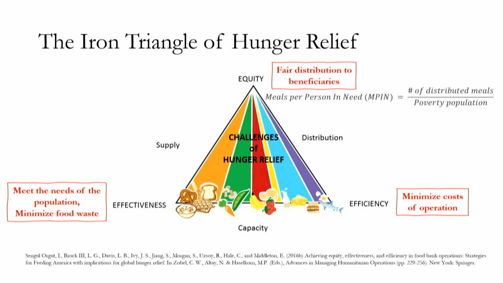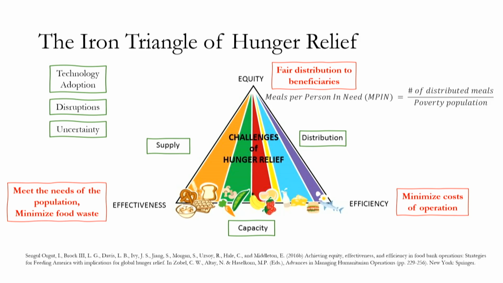So it's a complex problem. We need to think about all these three objectives together. And it's further complicated by several factors related to supply, capacity, distribution, technology adoption, disruptions, and uncertainty, which I will talk briefly about now.